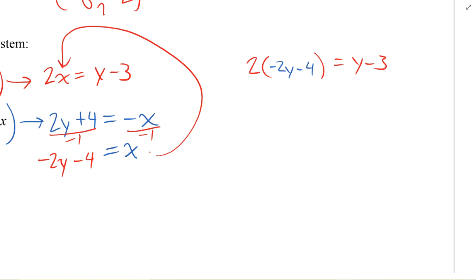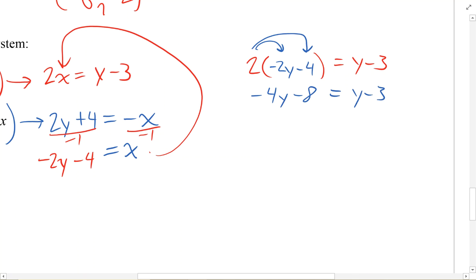Well, the next step is to multiply in. So you multiply the 2 inside your brackets using distribution law. So negative 4y minus 8 equals y minus 3. And then you can choose what you want to do here. I'll move the 8 over. So 4y equals y plus 5. And then I'll move my y over.